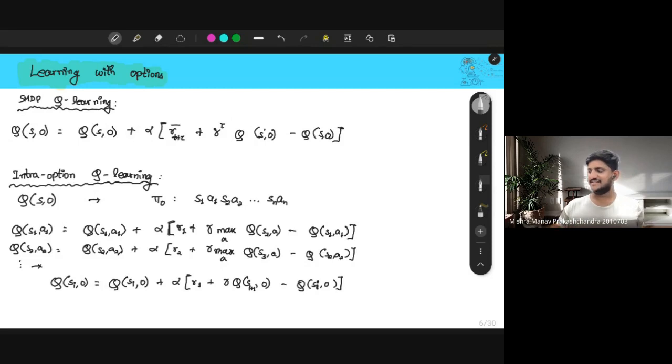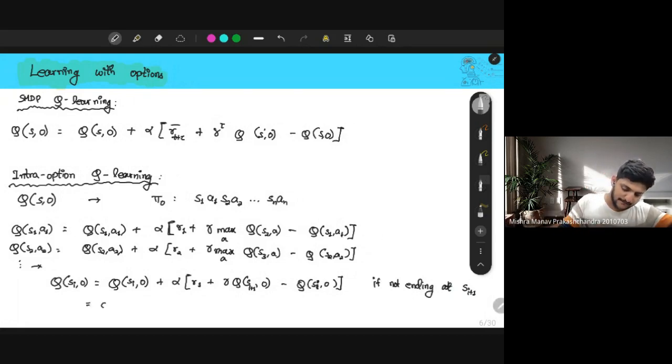This is done if the option is not ending at S of i plus 1. But if it ends at S of i plus 1, then of course I can take the max action, right? Or this could be Q of S i comma O.